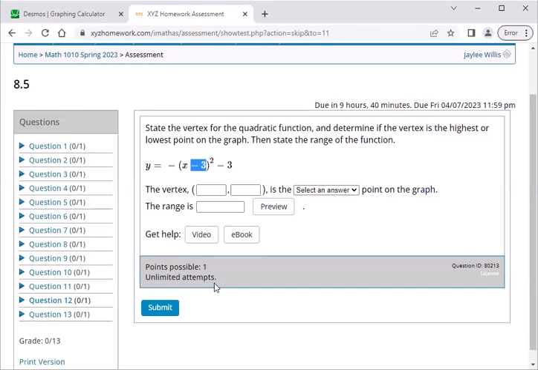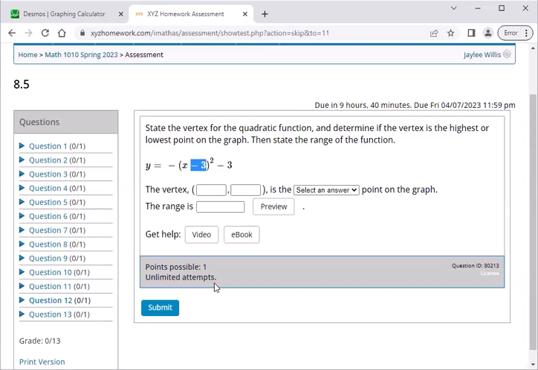So I'm going to draw this on the whiteboard maybe. So the -3 is going to tell me that I'm going to the right 3. And then what does the other -3 tell me? The one outside of the x squared. Yep, that one tells me I'm going down 3. So this is where my vertex is going to be.